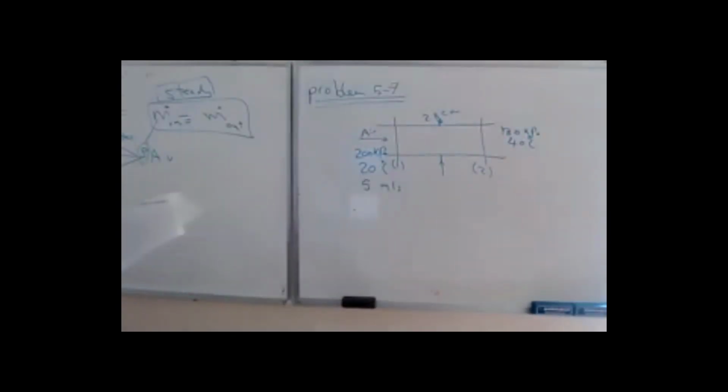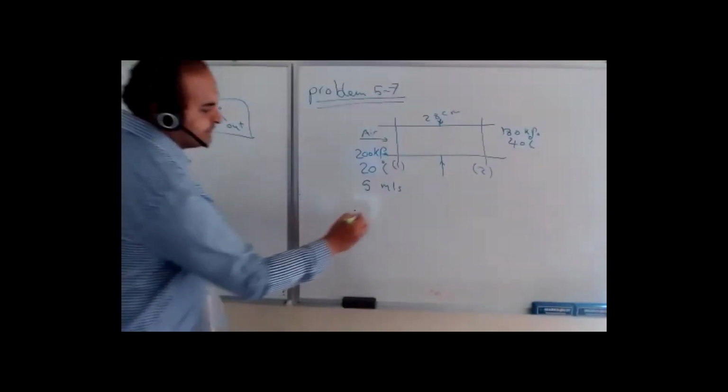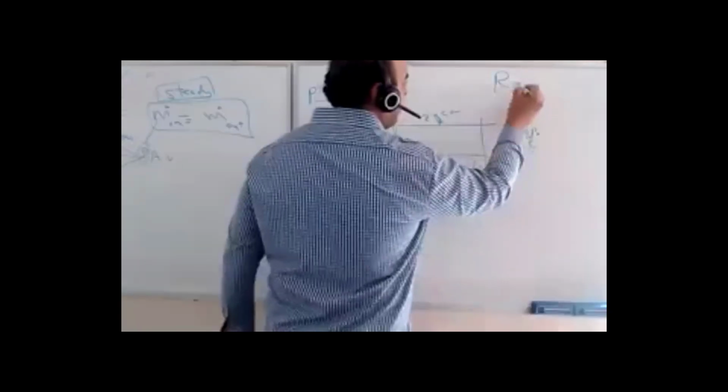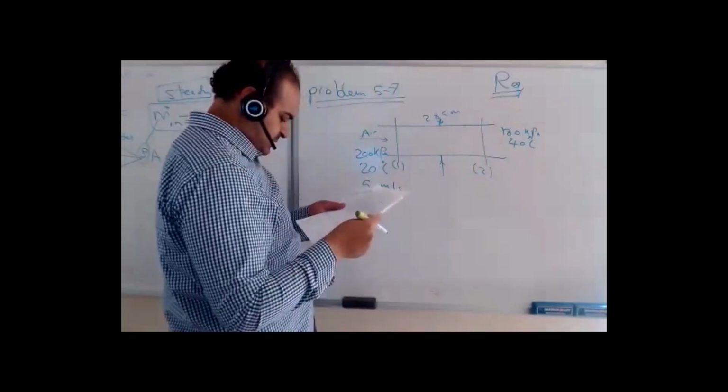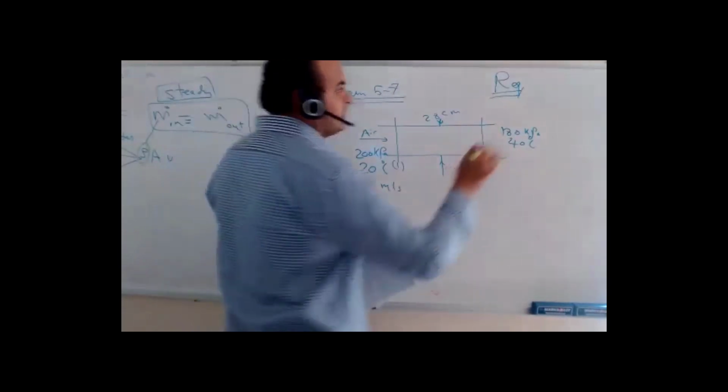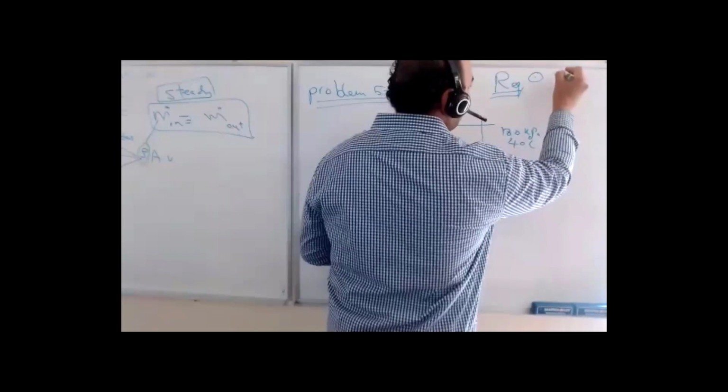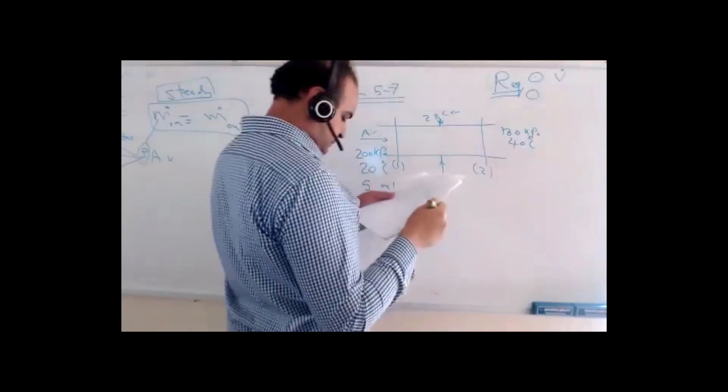Typically, everything is steady, unless I said that it's unsteady. Everything is steady. What is required here? V dot at input, because it's different from out. M dot.